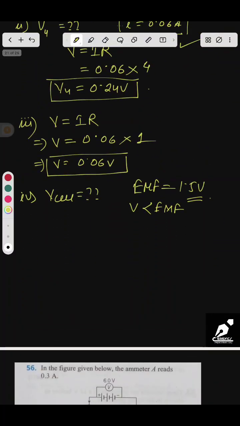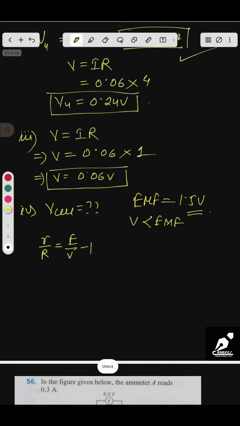There's a formula we know now: r by R is equal to E by V minus 1, where small r is the internal resistance, capital R is the external resistance, E is the EMF, V is the potential difference.